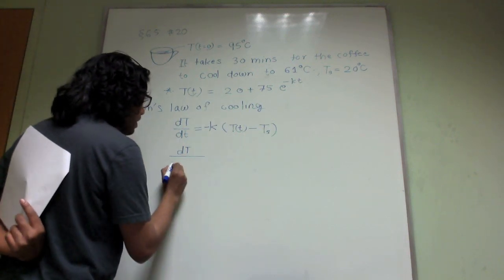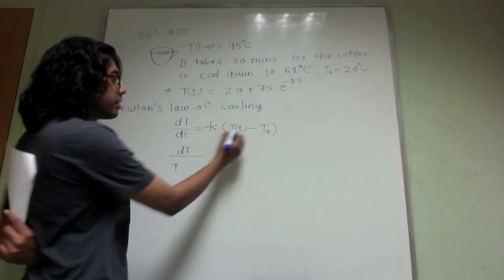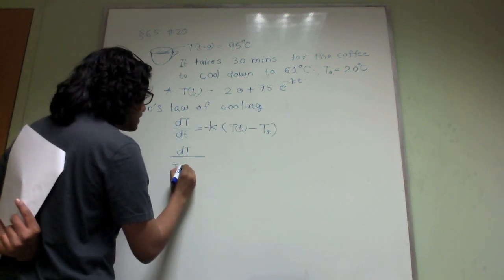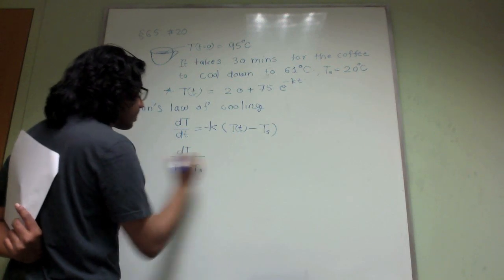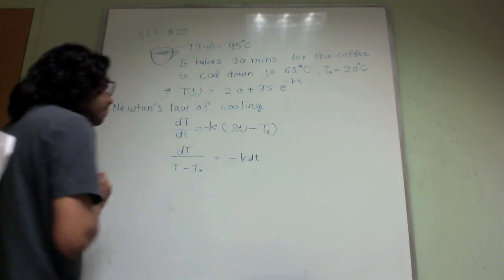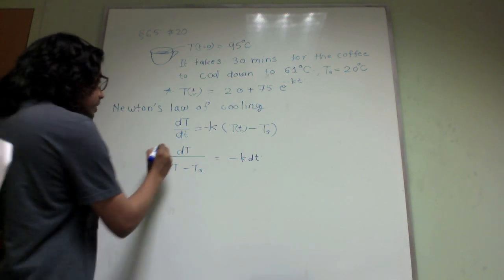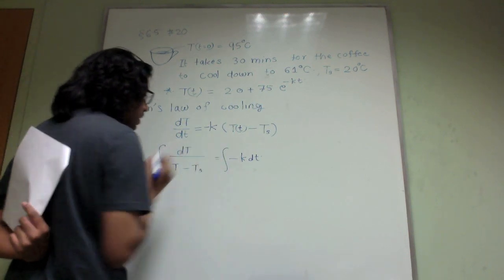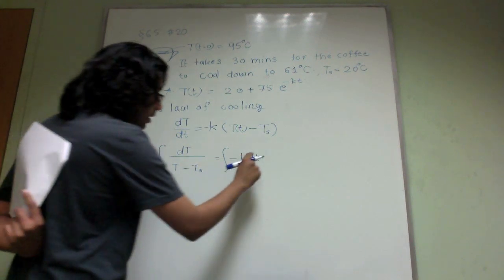So dT divided by T minus Ts is equal to minus k dt. Now integrate both sides.